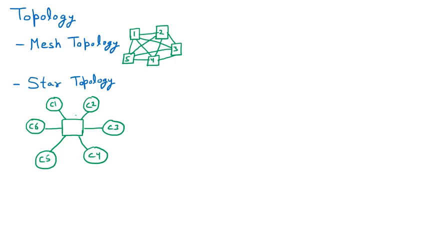And if I make this diagram, then we know that we have been making the same diagram from the very first day. Let us suppose I put all the computers at their proper positions. C1 is here, there is C2, and there is C6.